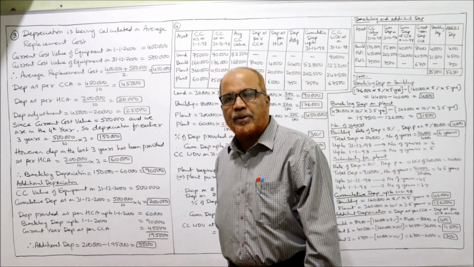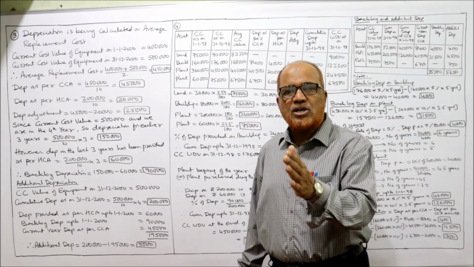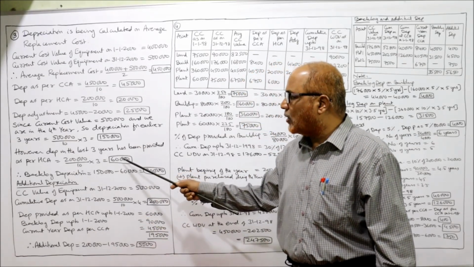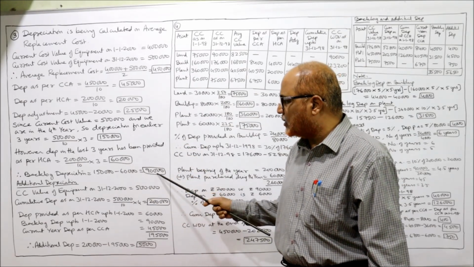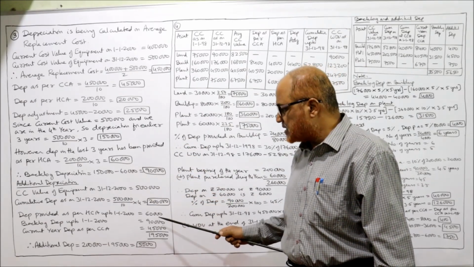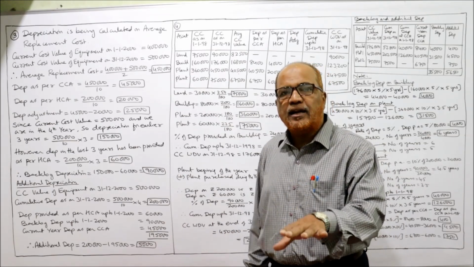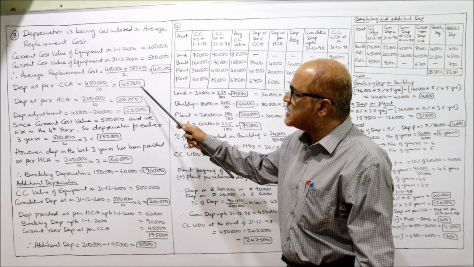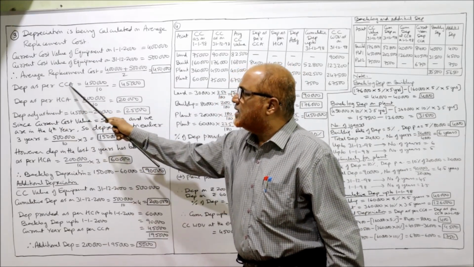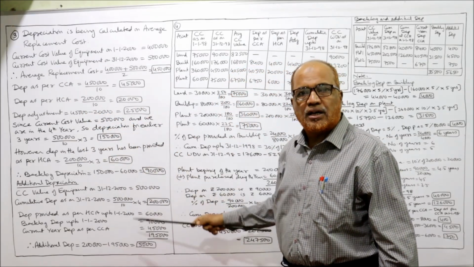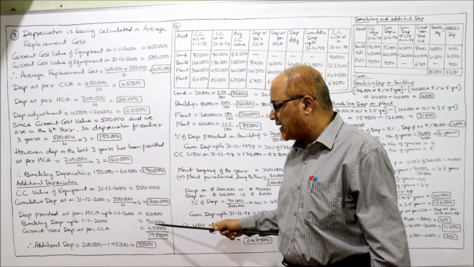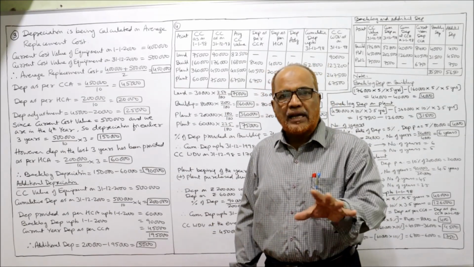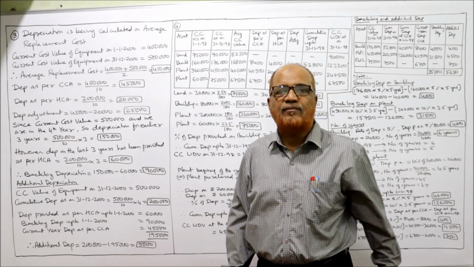Apart from that, backlog depreciation up to 1st January 2000, already calculated, is 90,000. And the current year's depreciation as per CCA is 45,000. Take the total: 60,000 plus 90,000 plus 45,000, you get 1,95,000. So total adjusted value is 1,95,000.